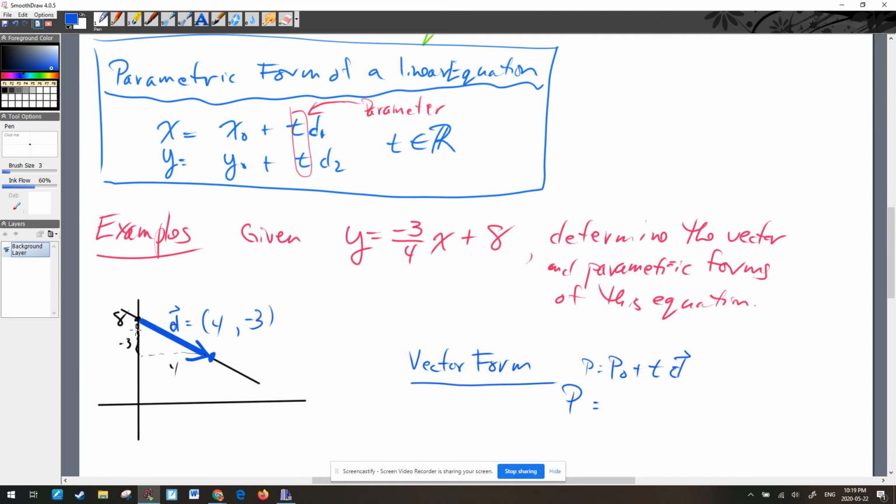I could also do, it's over 4, so 4, comma, and it went down 3. So this is really 4, comma, 5, right? So 4, comma 5. So I could use either 0, 8 or 4, comma 5, or I could go and find another one. How about 8 and 2 would also be on the line, or negative 4 and 11 would also be on the line. All of those would be acceptable.